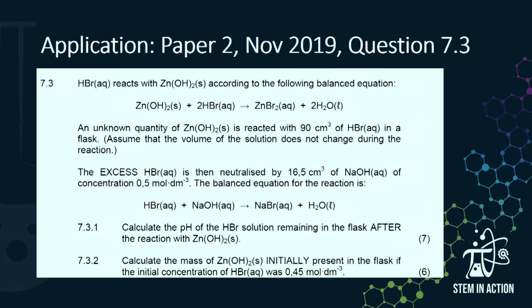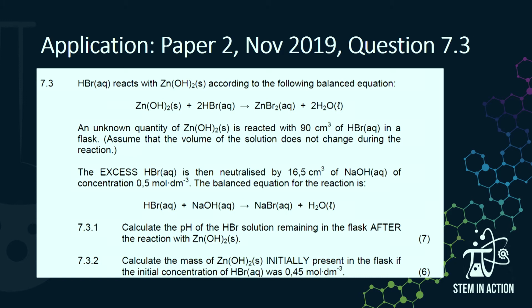Let's have a look at our last application question from November 2019, question 7.3. Question 7.3 says, HBr reacts with zinc hydroxide according to the following balanced equation. An unknown quantity of zinc hydroxide is reacted with 90 centimeters cubed of hydrogen bromide in a flask. Assume that the volume of the solution does not change during the reaction.